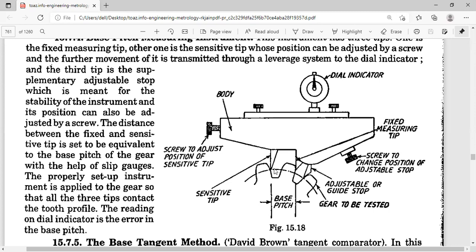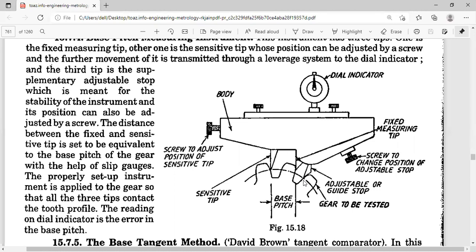The sensitive tip is contacting at the base circle, and the others are somewhat nearer to it. Here he has shown it like this, but all three tips should contact the involute form of the teeth, the tooth profile of the gear.